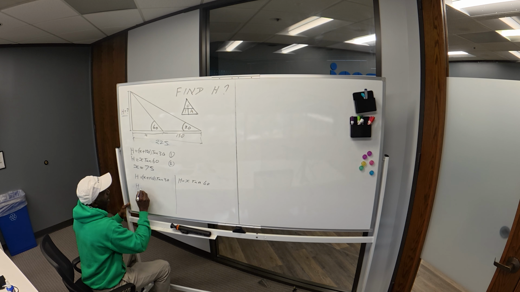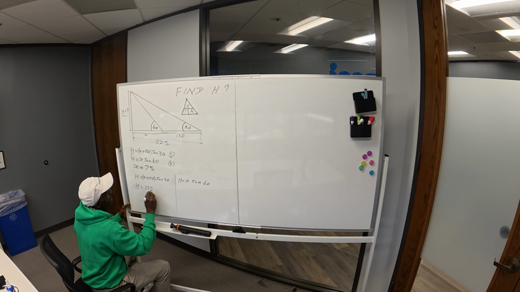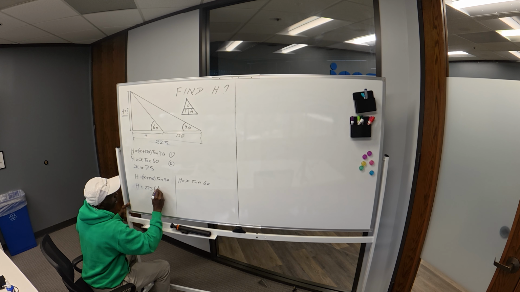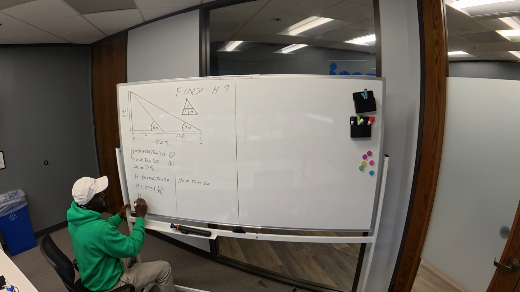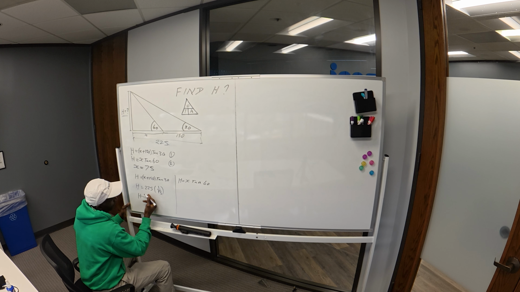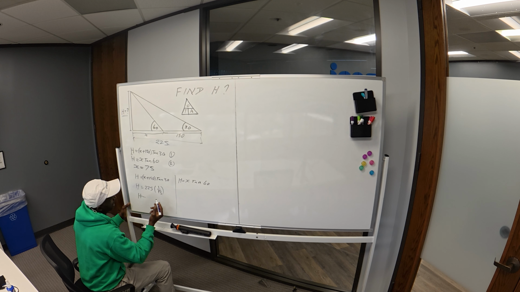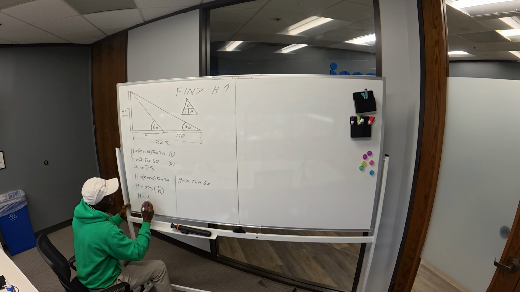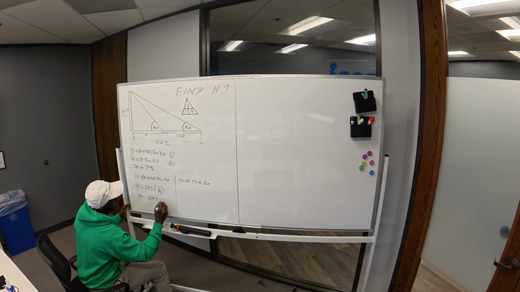But we know that x plus 150 is equal to 225, and then the tangent of 30 from earlier is 1 upon square root of 3. So h would be equal to 225 times 1 upon square root of 3, that is 0.577, so that will be 129.9, and I'll say that will be 130.